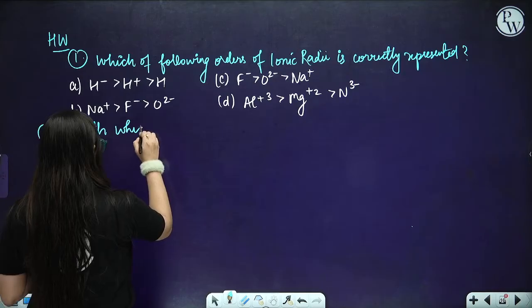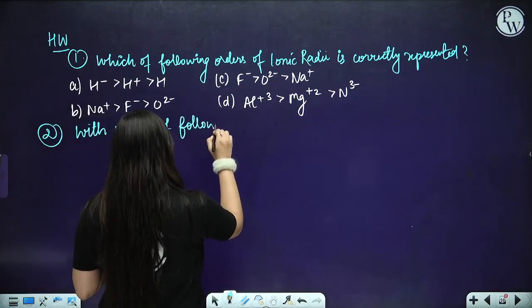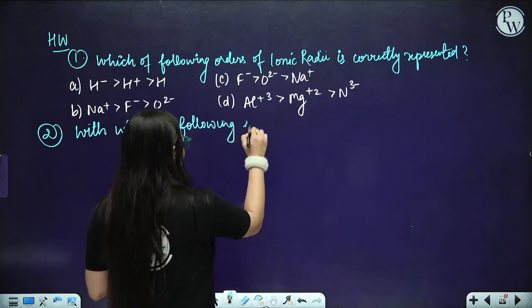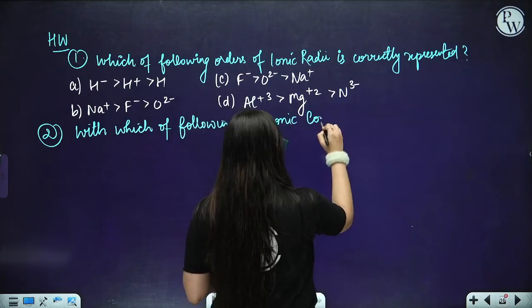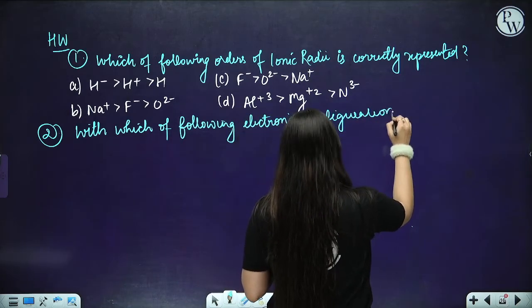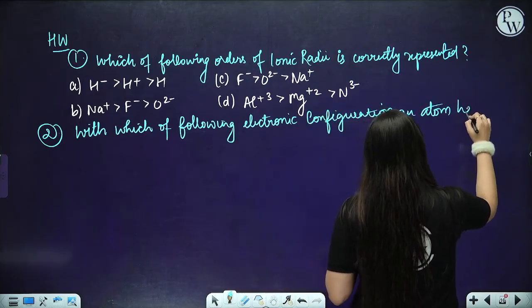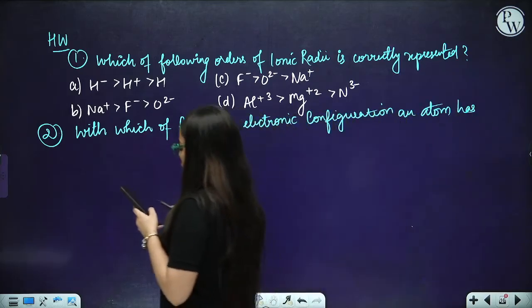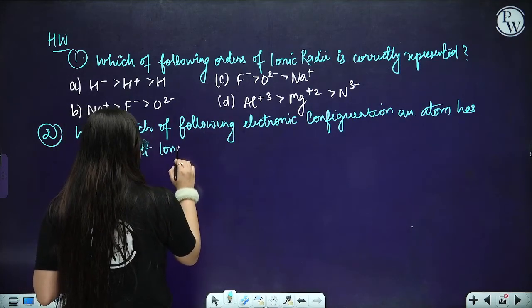Which of the following electronic configuration of an atom has lowest ionization enthalpy?